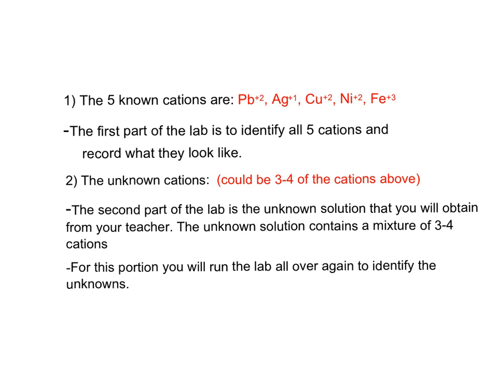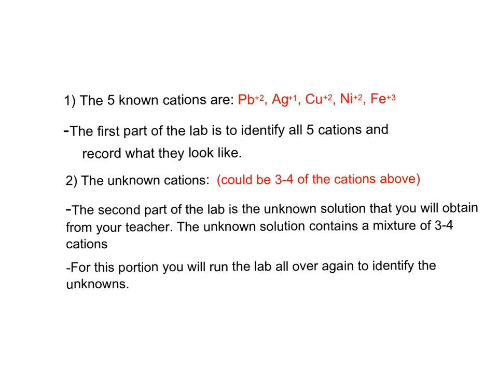Once you complete the procedure the first time, your teacher will then give you an unknown solution. We know what's in that solution. You have no idea what's in that solution. But in that solution is a mix of 3 or 4 of those original 5 cations. So you will not have all of them.